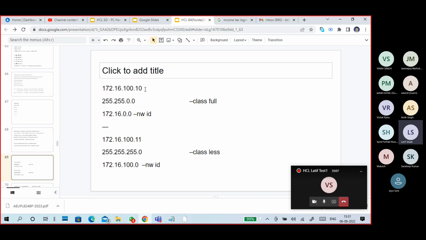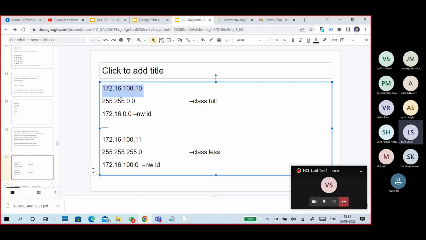This is the IP address, this is a subnet mask, and I calculated and got a network ID like this. I changed the subnet mask and calculated the network ID. See, the network ID is different. Both look the same, but the subnet mask changed.